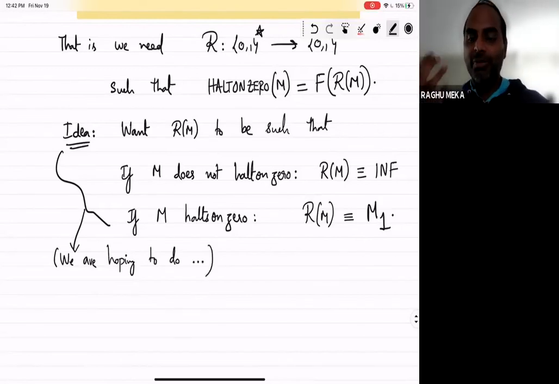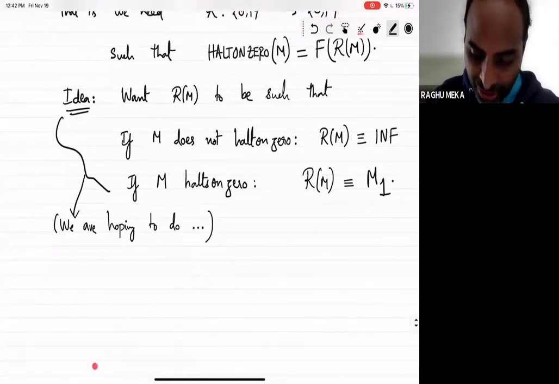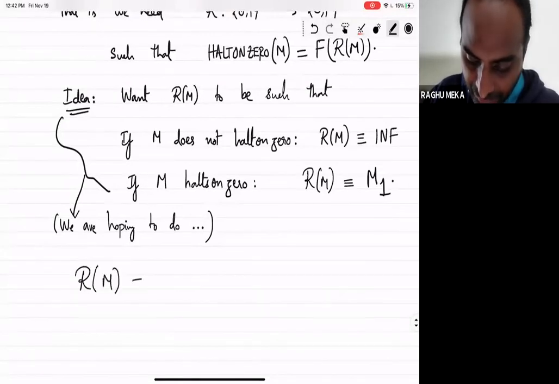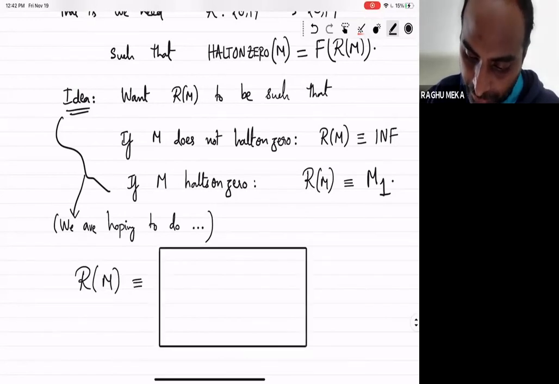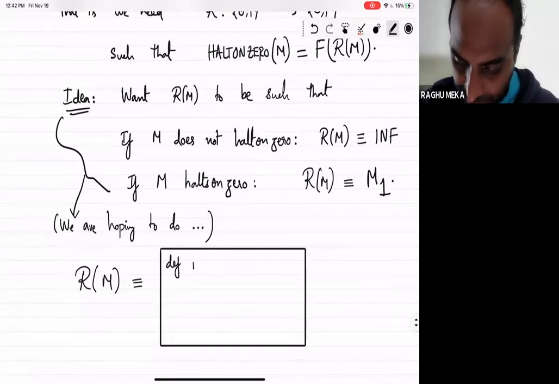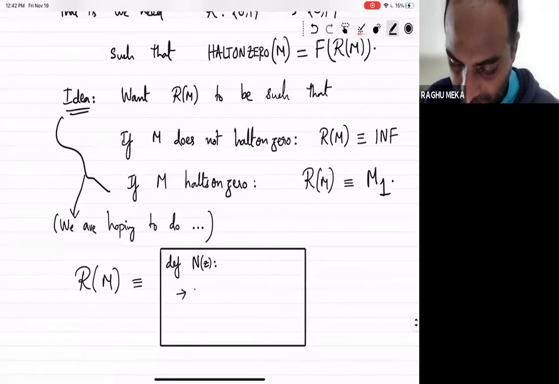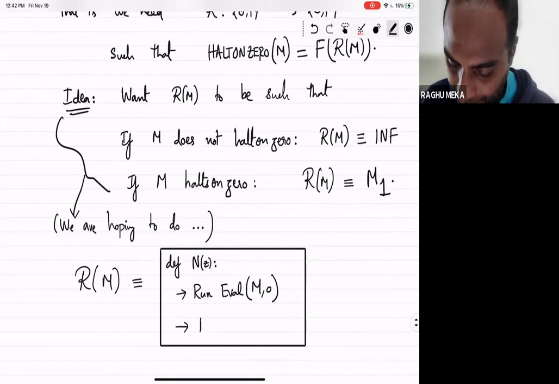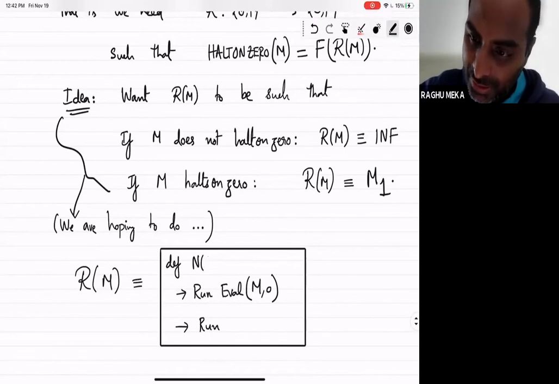Okay, let me now describe the reduction to do this. So R of m is actually going to be the following program. It's def n of some input z, and what it does is run, actually, let me use x here.